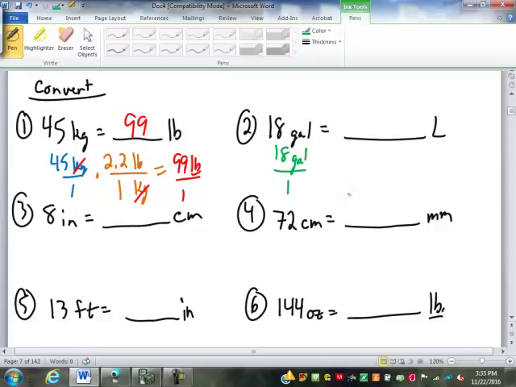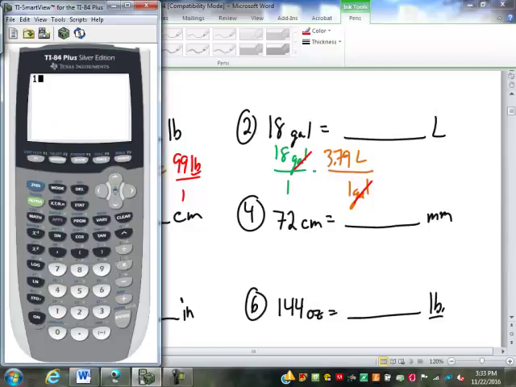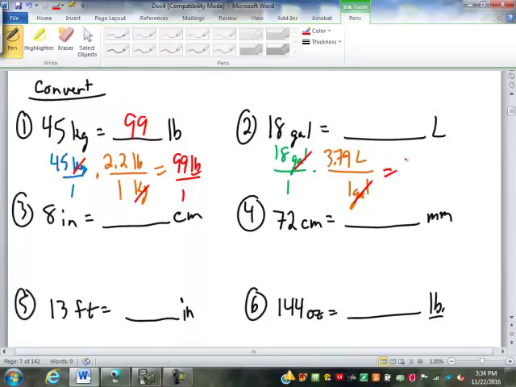18 gallons going into liters. So we make it 18 gallons over 1. Gallons go on bottom, liters on top. 1 gallon is 3.79, I believe is what the book uses. Gallons cross cancel out. We have 18 times 3.79. 68.22.